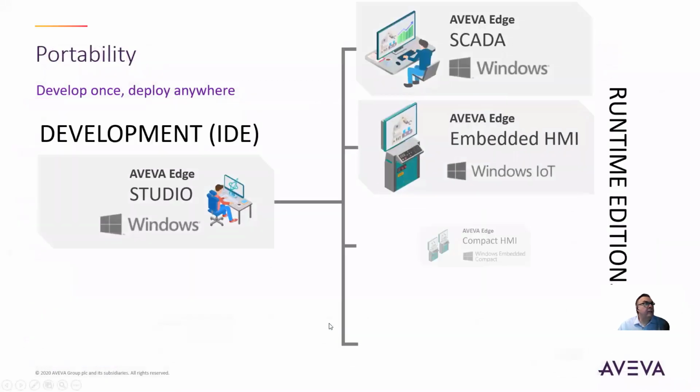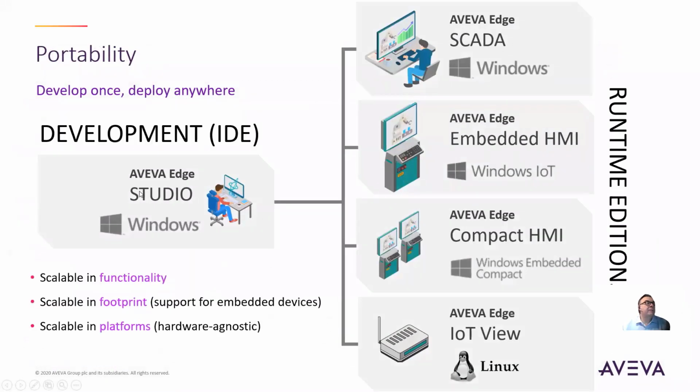Now, the portability part of this. When we take a look at this, there's a development environment, or an integrated development environment, often called an IDE. And that's what we call Aviva Edge Studio. Studio, again, is the development part of this. And you can deploy this to really 4 different runtimes.